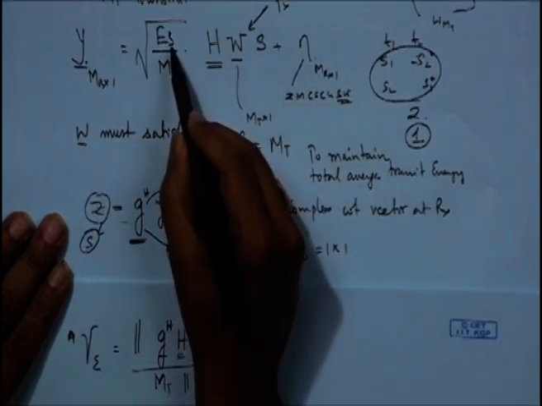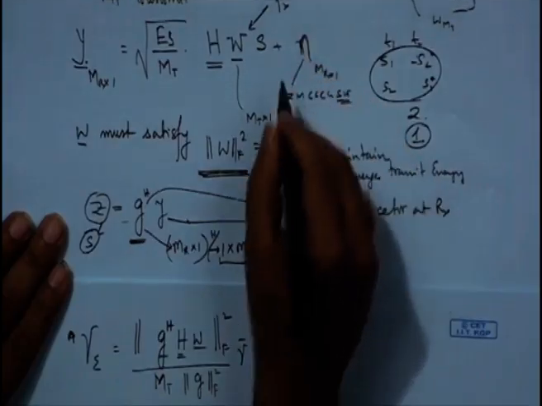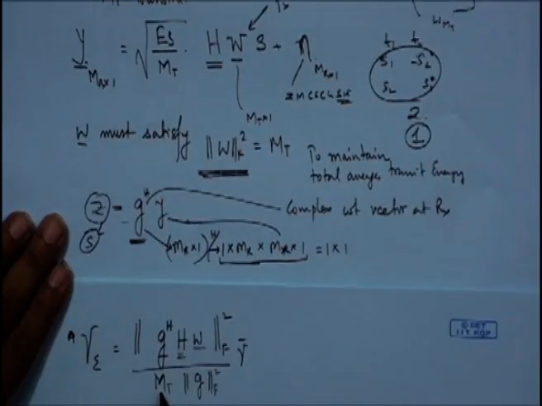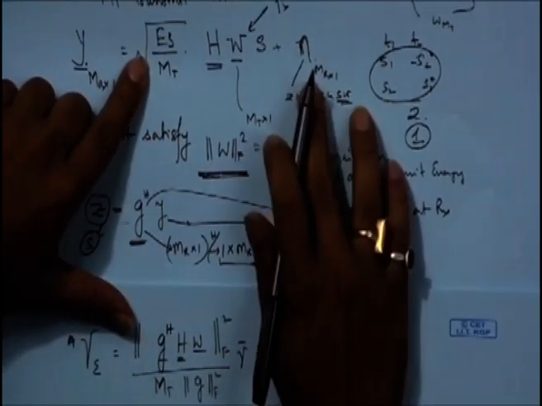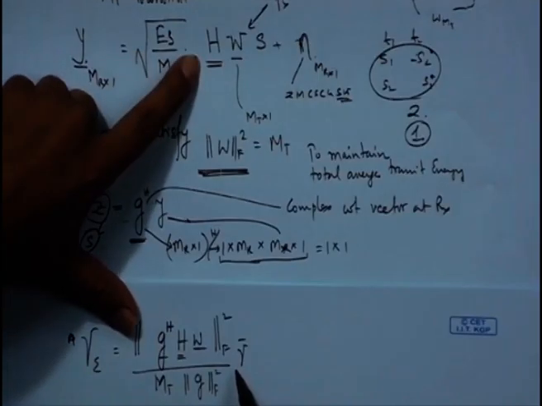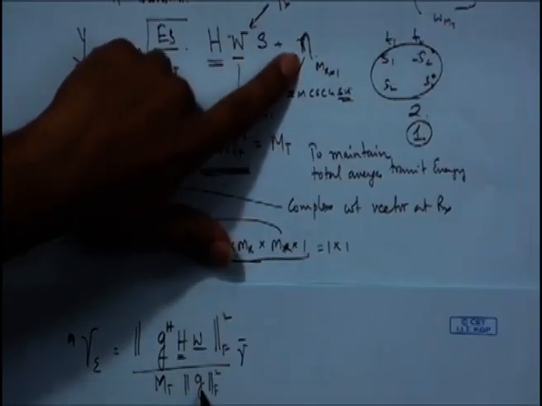And of course, Es by N naught comes in, which is gamma bar, and MT comes in. So MT is already here, and Es by N naught that you are seeing would be gamma bar, and G Hermitian that gets multiplied here, G Hermitian H W is already the numerator.